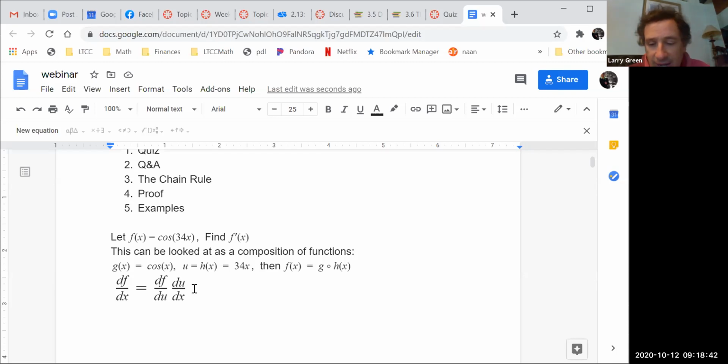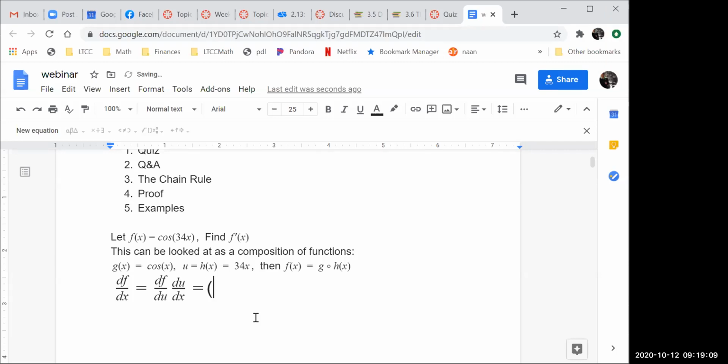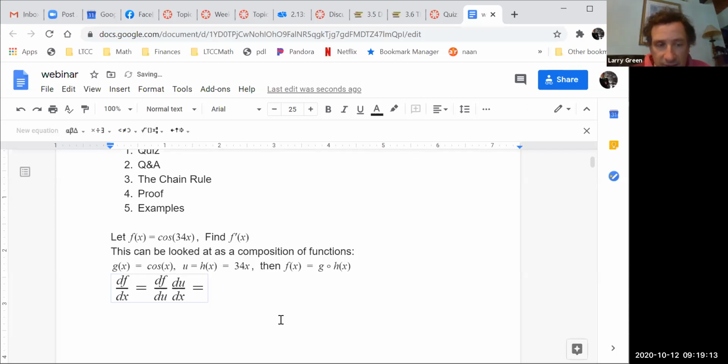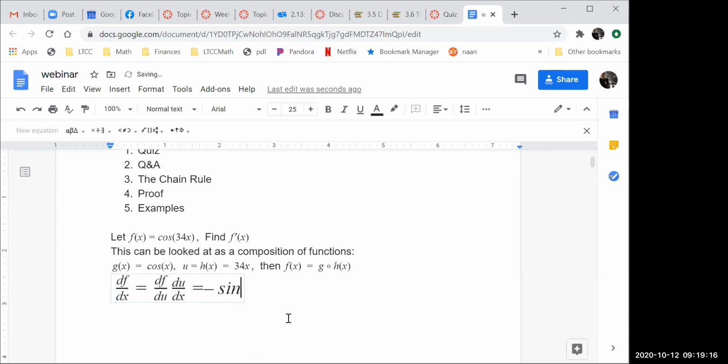So let's write down equal, and df over du. That means the derivative of f with respect to u. f now is just cosine of u. And what's the derivative of the cosine of u? Negative sine u. Yeah, negative the sine of u.